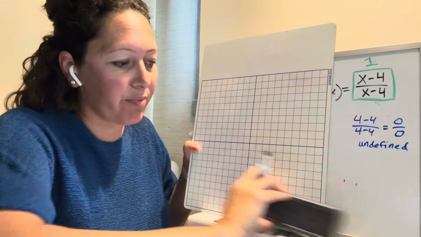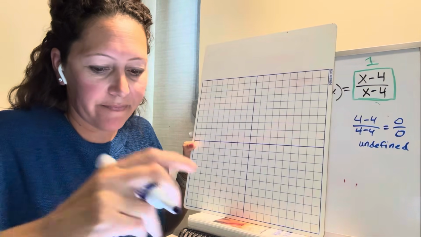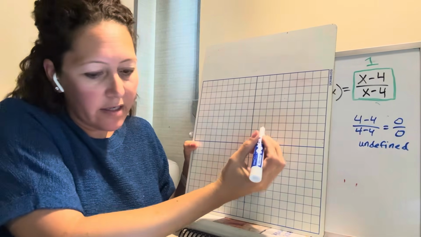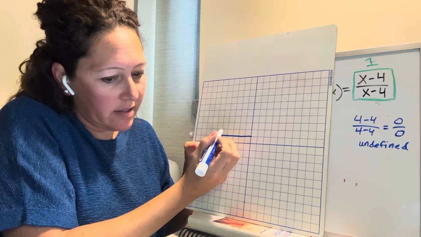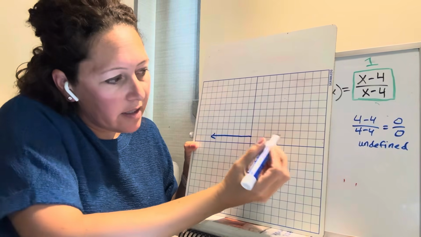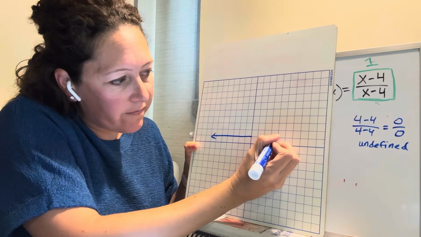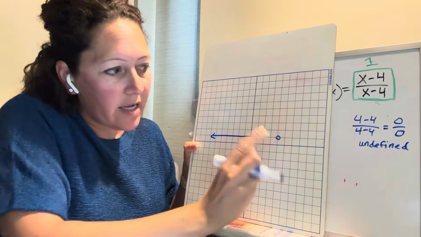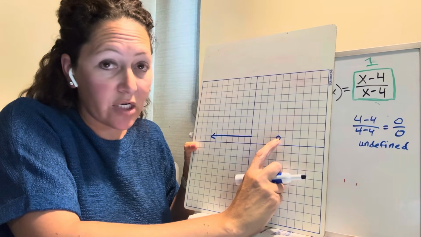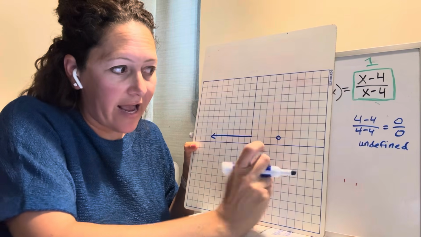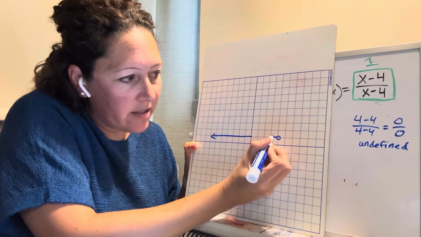So if I were to plot this actual graph, let's see, 1, 2, 3, 4. Okay, this is my point where x is equal to 4, so I'm putting a circle here because I cannot have that value on here.